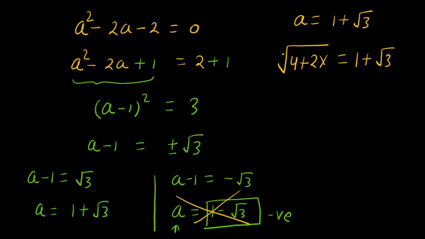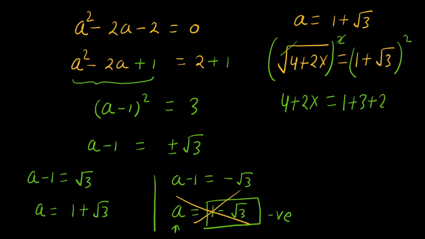If we square both sides, then on the left-hand side the square cancels the square root, so 4 plus 2x equals, on the right-hand side applying (a plus b) whole square, 1 plus 3 plus 2 times square root of 3.